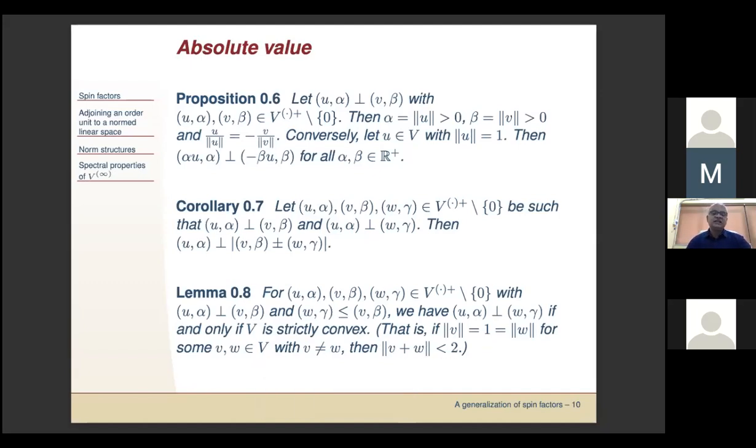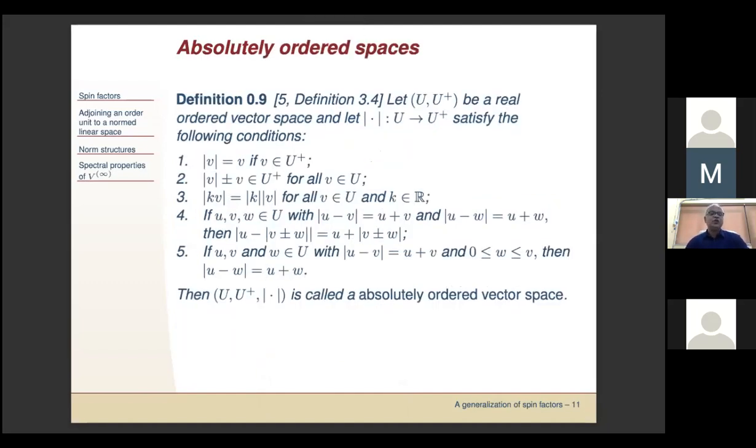And this structure, that V is strictly convex, precisely shows with this property that if U alpha is orthogonal to V beta, then U alpha will be orthogonal to any positive vector less than or equal to V beta. Why is this needed and why is this important? Let's come to the next definition and then I'll tell you.